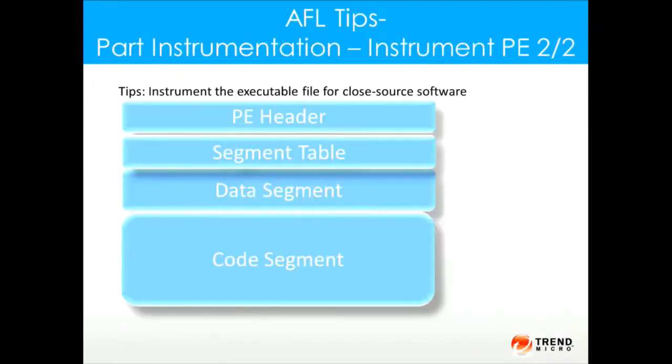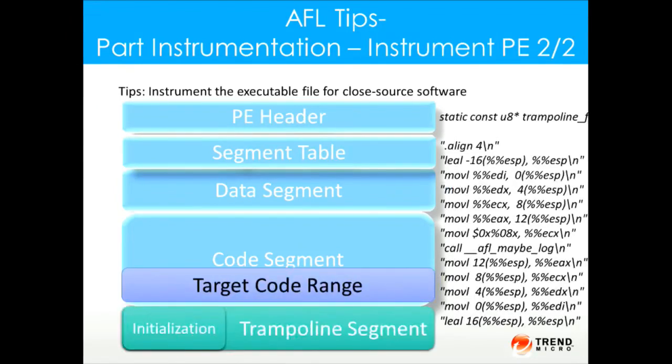But for virtual devices which are not open source, we can try to instrument the executable file. For example, for VMware Workstation, we can try to add this initialization and trampoline segment at the tail of the executable file.